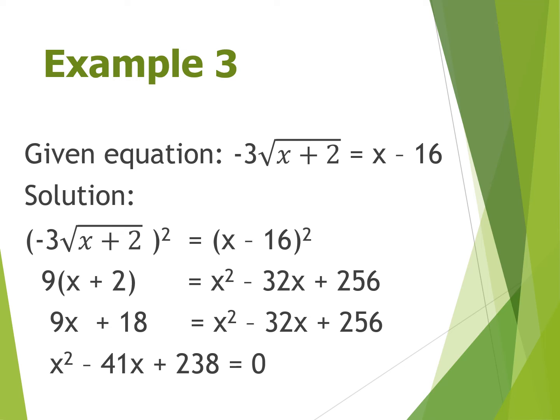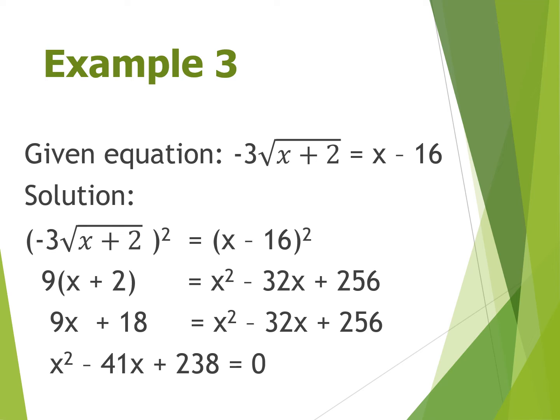And then for 9 times x plus 2, we will distribute 9 inside the parentheses. So 9 times x is 9x, 9 times 2 is 18. So 9x plus 18. And then we have to combine similar terms. So we will transpose 9x to the right side, so it becomes negative 9x.